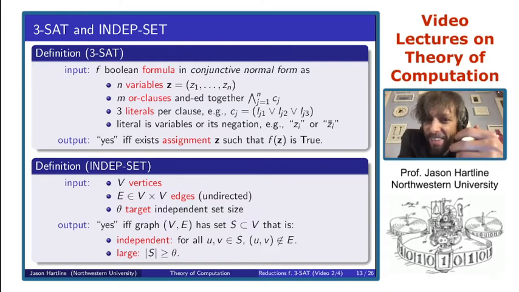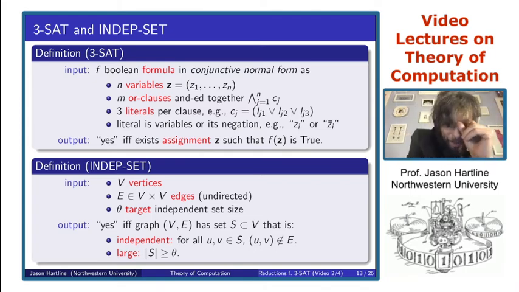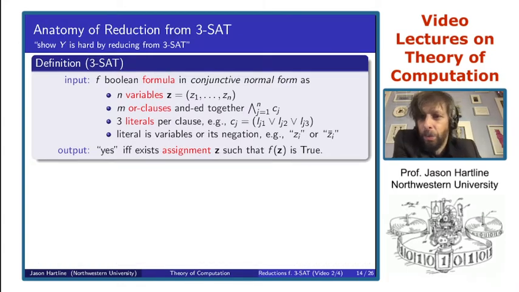The output is yes if this graph has a subset of vertices that is both independent and large. Independent means for every pair of vertices in that set, there are no edges between them. The idea is edges correspond to conflicts, and you can't take 2 vertices in your set that are in conflict. We also want this set to be large. In other words, the size of this set has to be at least theta.